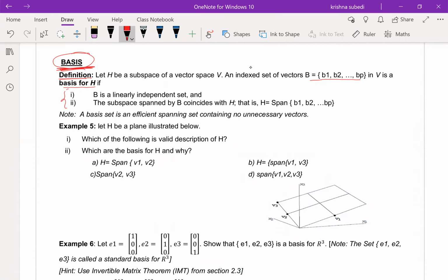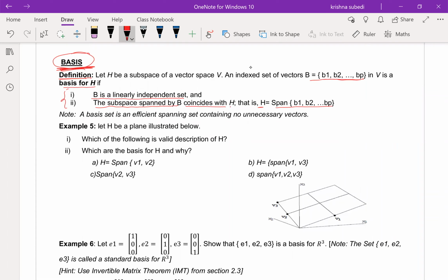First condition, B must be linearly independent. All these vectors B1, B2 up to Bp, this set must be linearly independent. And the subspace spanned by B coincides with H. That is, H must be the span of that.